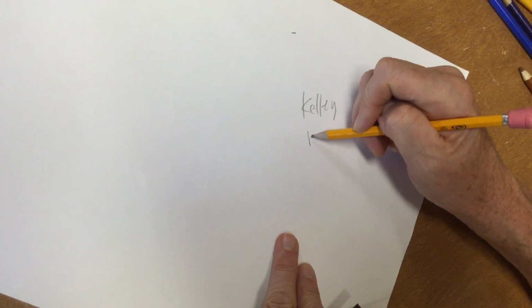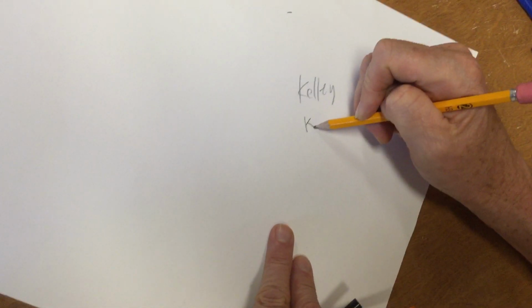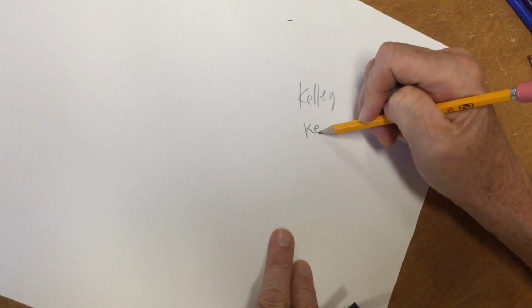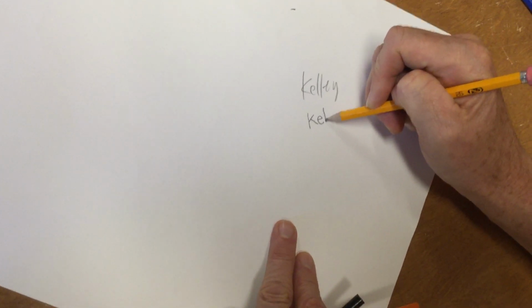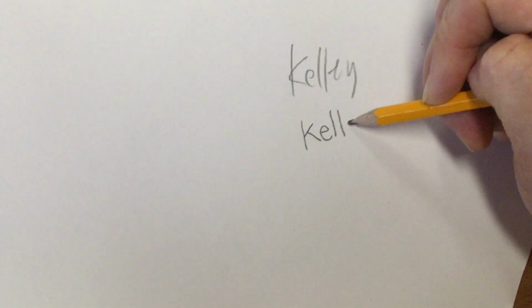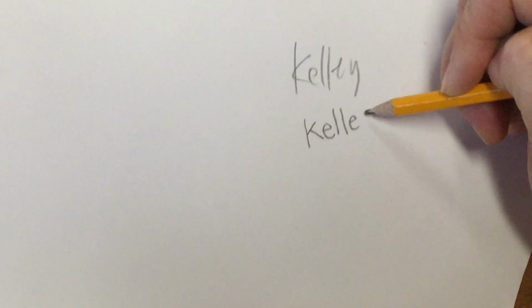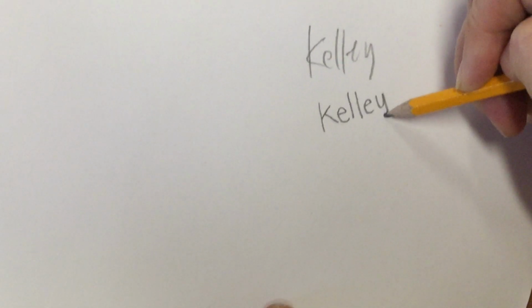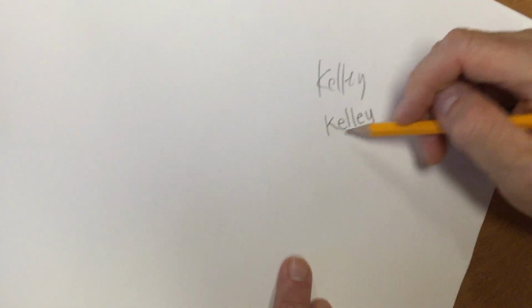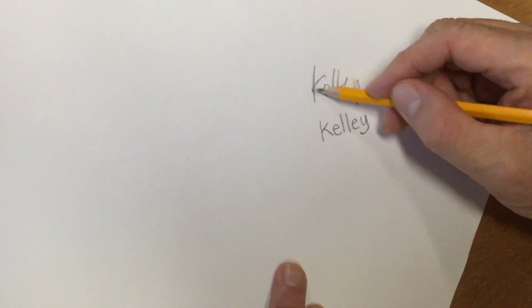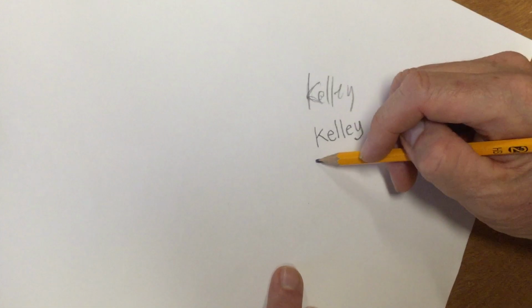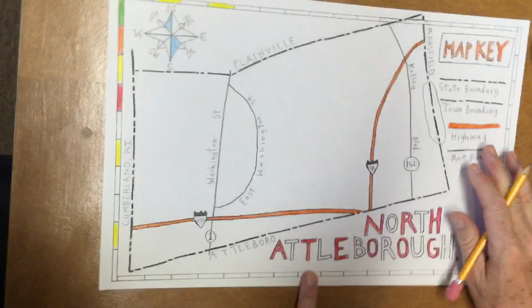You have to form your letters very slowly and neatly. You can see the difference. It's almost like you're drawing the letters. Don't scribble them. This is your everyday writing. Maybe you have to be a little bit neater when you label things on your map.